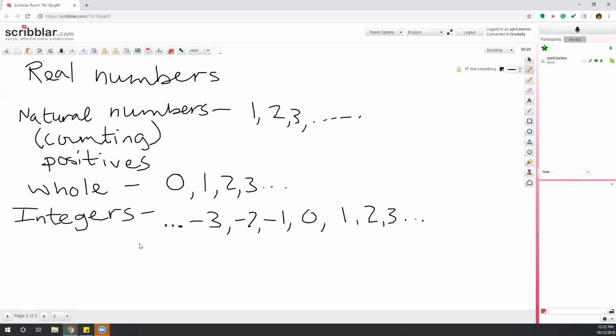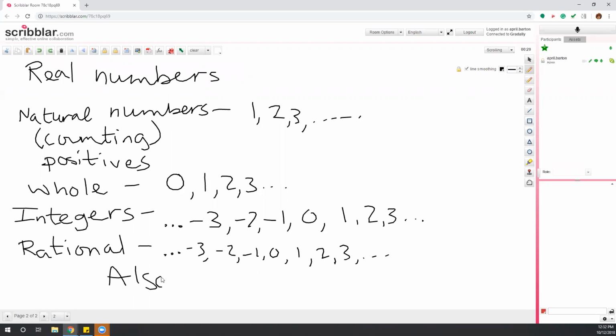And then the next group is where we get some of these fractions and decimals in. Rational numbers include everything we have so far. So -3, -2, -1, all the negatives, 0, all the positives, but they also have any number that can be written as a fraction.